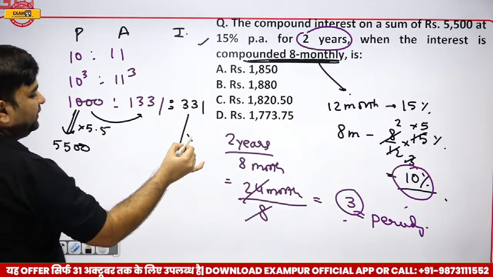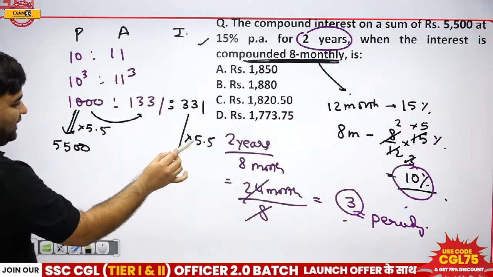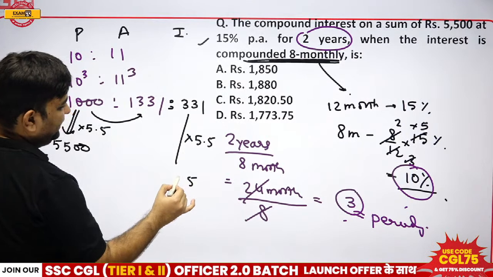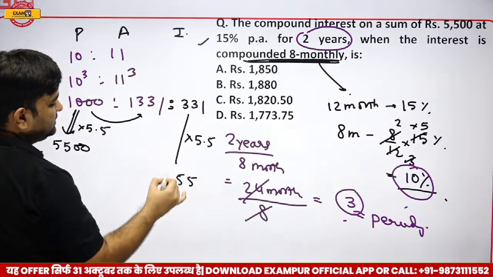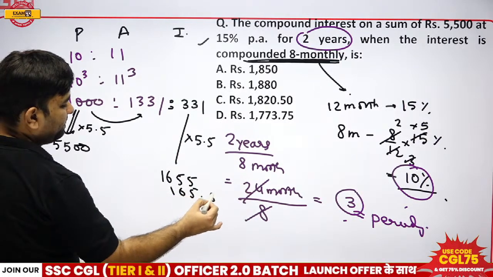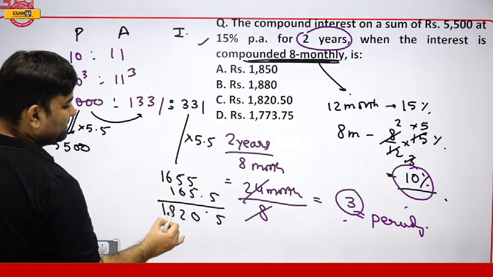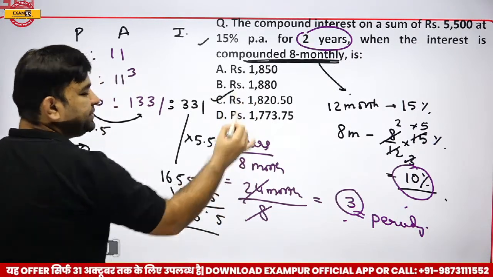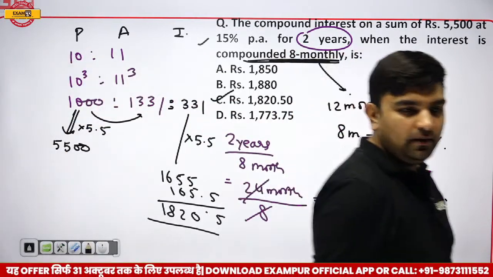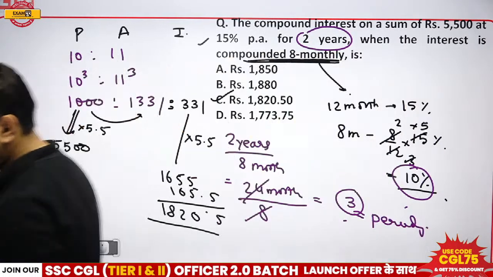So 331 will become 331 times 5.5. If you multiply it by 5, 5 3 is 15, 1, 16. C is the answer, dear.